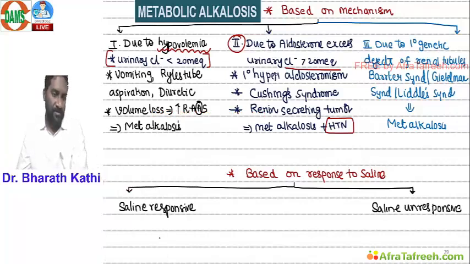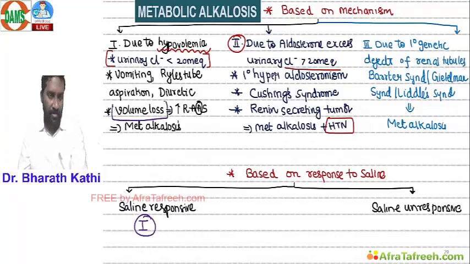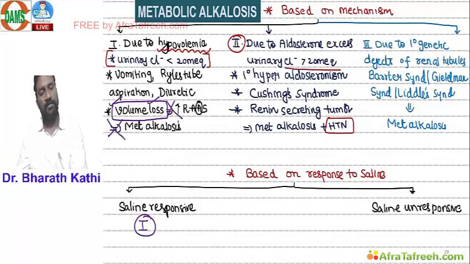Yes, it should be category 1, because category 1 is happening due to volume loss. Now if you correct the volume, the trigger to renin, angiotensin, aldosterone system will be lost. The metabolic alkalosis will also resolve. Whereas saline unresponsive will be category 2 and category 3.